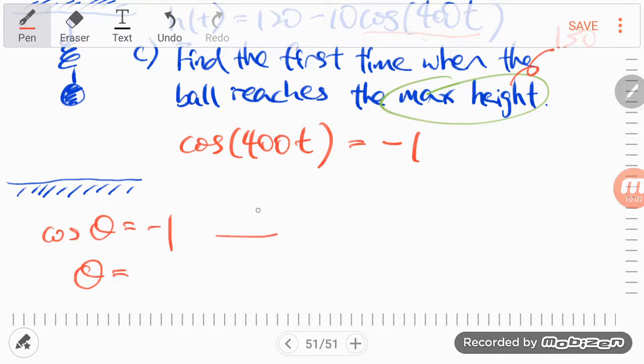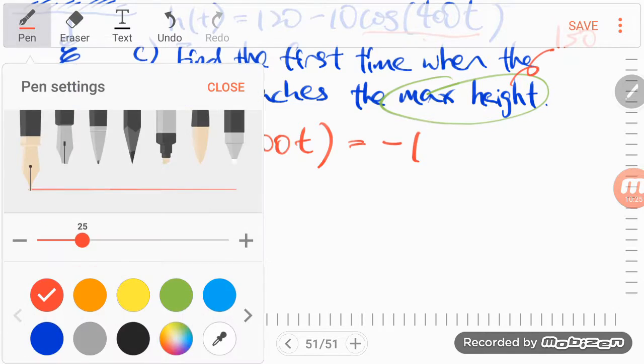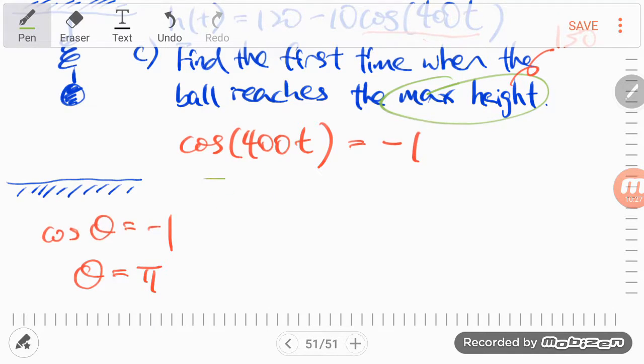Since cosine is the x value, we're talking about this part. So what's that angle? I hope your answer is pi, right? So when your angle is pi, you will get a -1. In other words, cosine of pi is equal to -1.